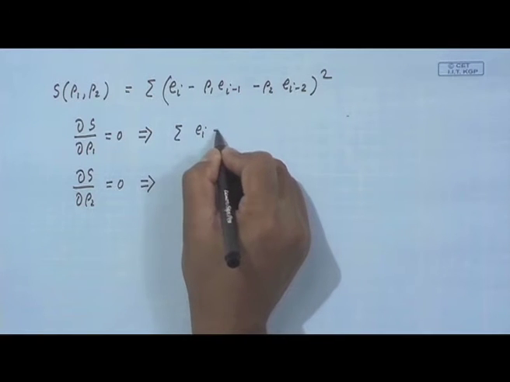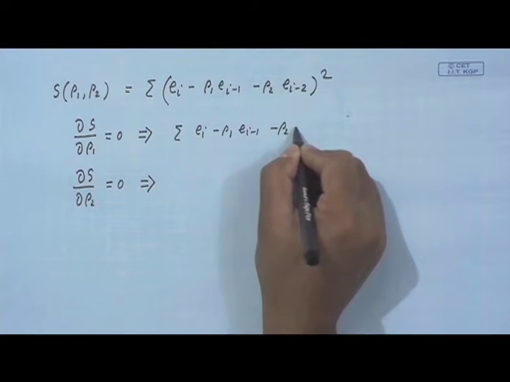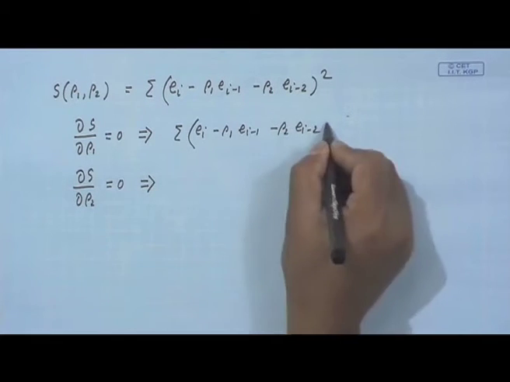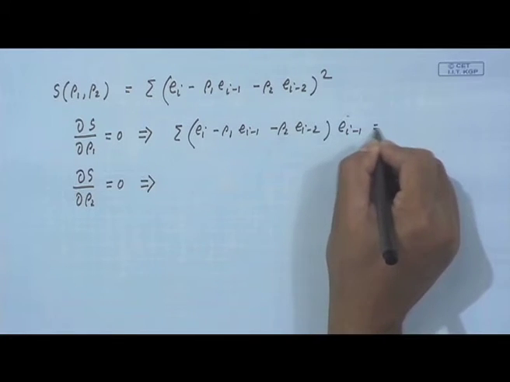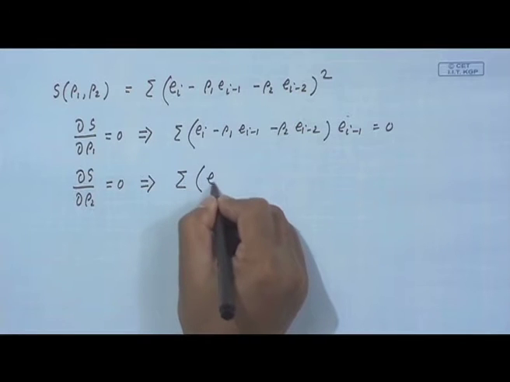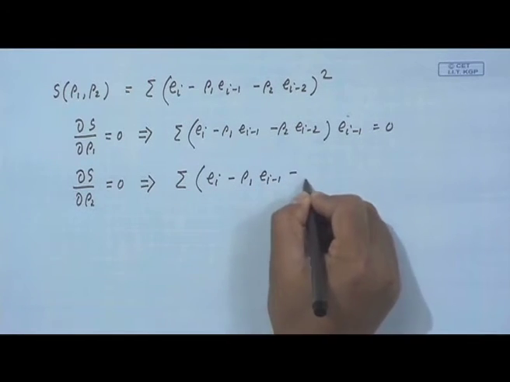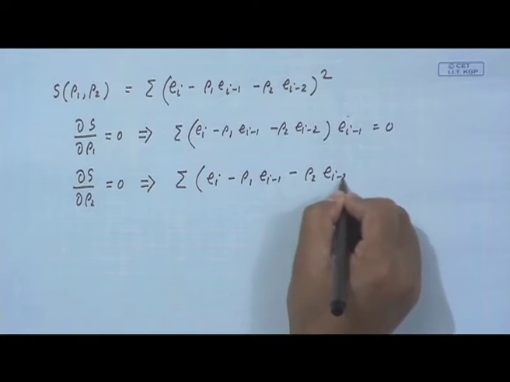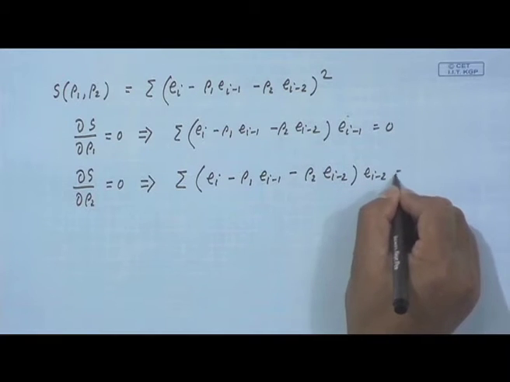So, sum of e i minus rho 1 e i minus 1 minus rho 2 e i minus 2 into e i minus 1 is equal to 0. This is the first normal equation, and the second normal equation is sum of e i minus rho 1 e i minus 1 minus rho 2 e i minus 2 into e i minus 2 equal to 0.